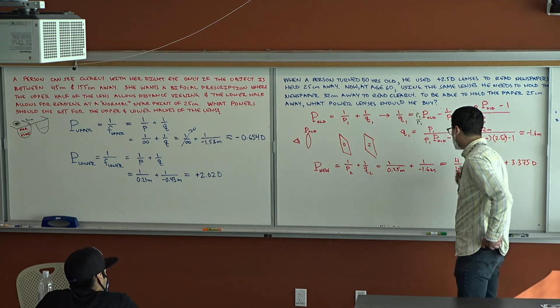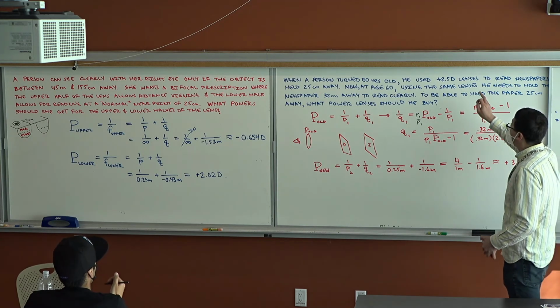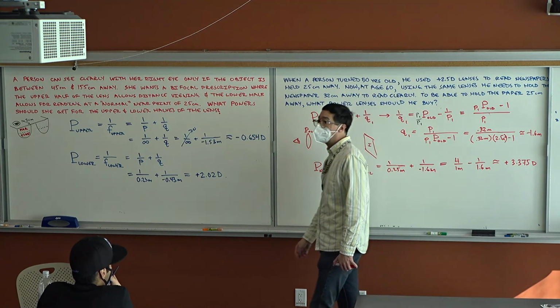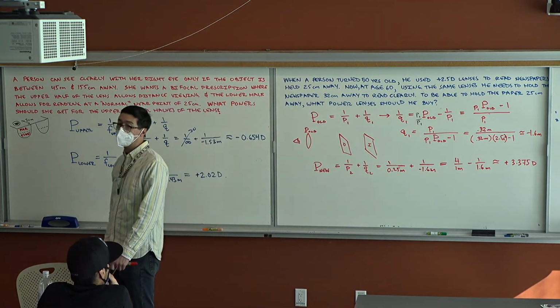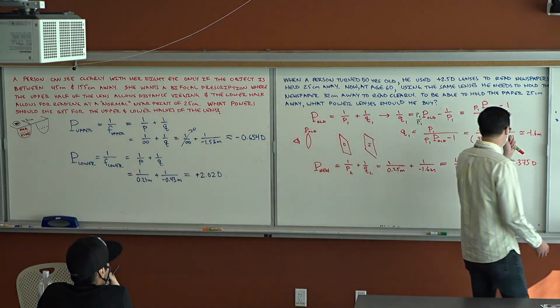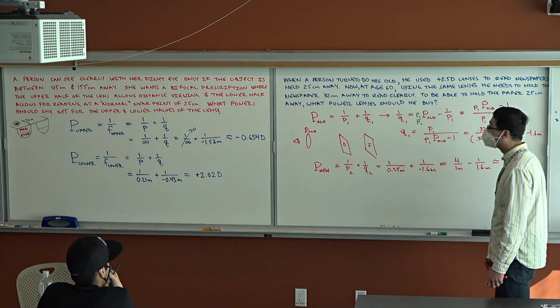So when this person goes to the drugstore 10 years ago, he was shopping for plus 2.5 diopter readers. Now he's shopping for 3.375. I don't think they sell them in those, so he's probably got to go to 3.5 diopters.